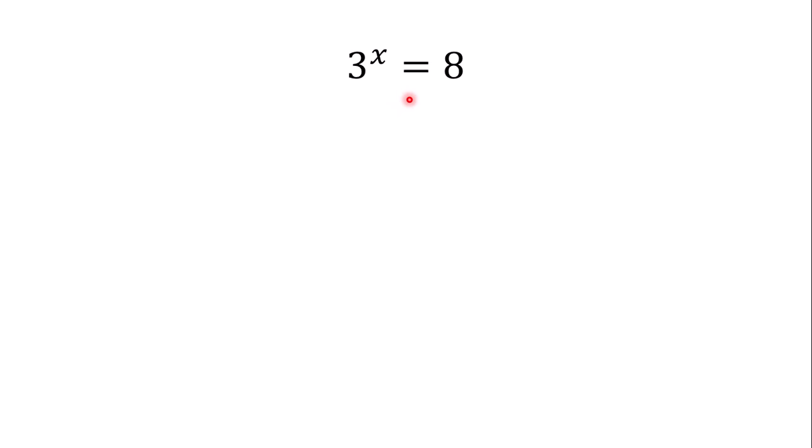The motive of taking log is to bring this x down so that we can get it standing alone on one side of the equation and then find its value. Since we cannot write 8 in any way to look like 3 raised to a power, we can't find the value of x unless we use logarithm.